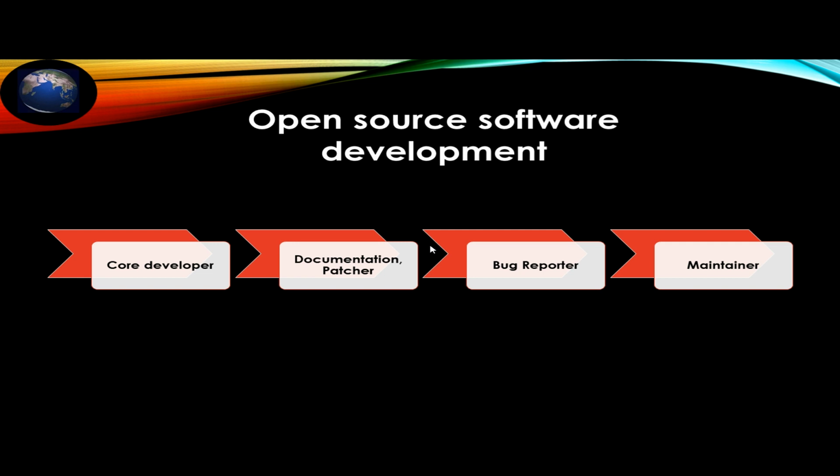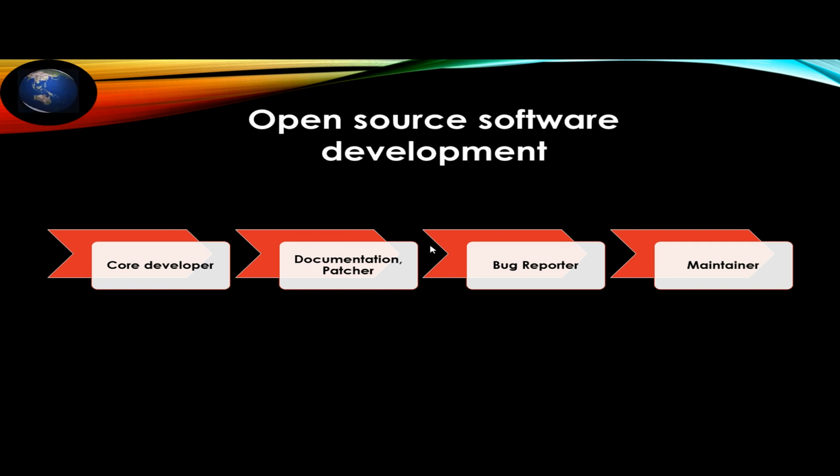Open source software has development stages. First, the main core developer develops the code of the software and prepares documentation or patches to solve bugs and resolve any issue that comes up.